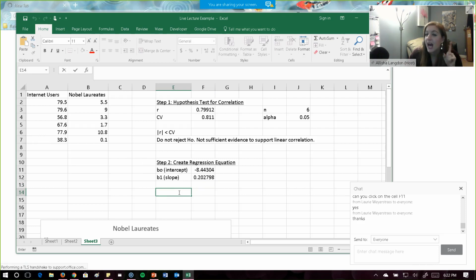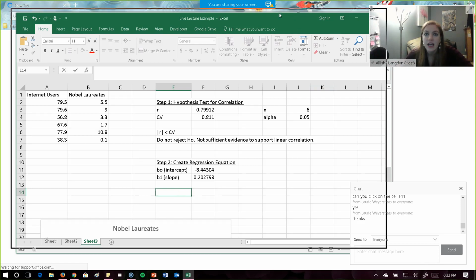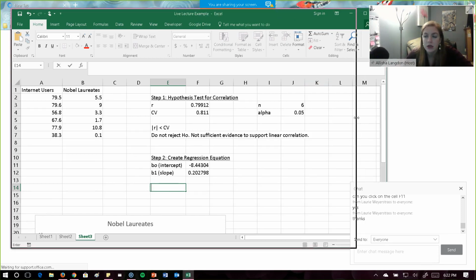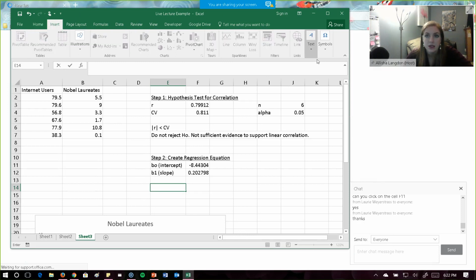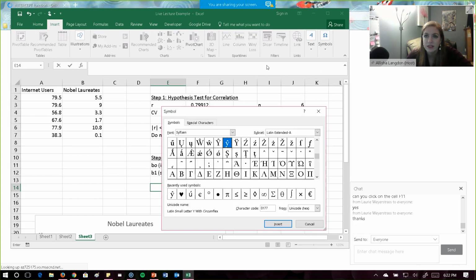And you're like, how do I type that in? So I'm going to give you the basic function and then we can look at it together. We're going to have to insert a symbol here. So let's go over to insert, and then we'll go to symbols.